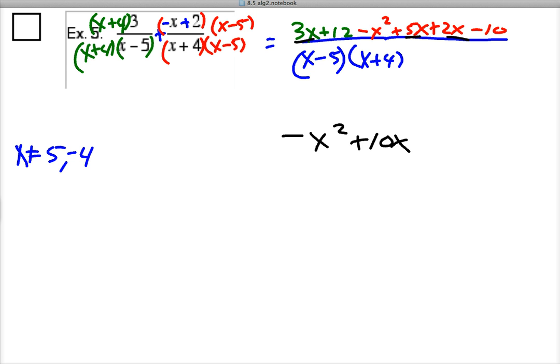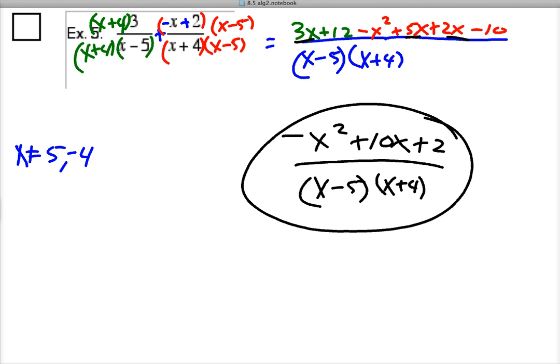And 12 minus 10 is positive 2. This is a perfectly good answer right here. Otherwise, you could take a negative out, put it out front, and change all the terms in the numerator, and that also would be a good answer.